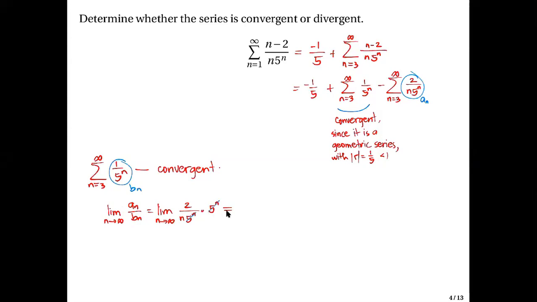And therefore, you'll just get 2 over n. And the limit of 2 over n as n approaches infinity is equal to 0. So this is case 2. We have the limit of An over Bn equal to 0, and the denominator, the Bn series, is convergent. We conclude that the numerator, the series with An, is also convergent.